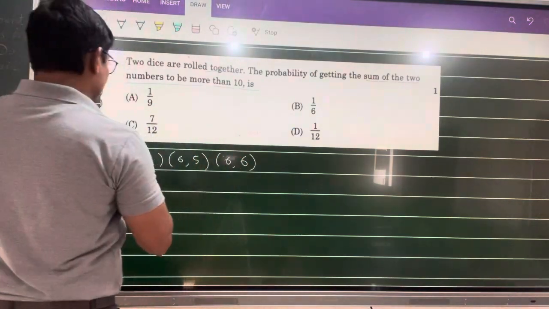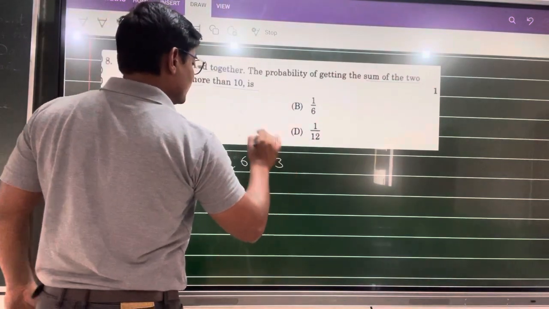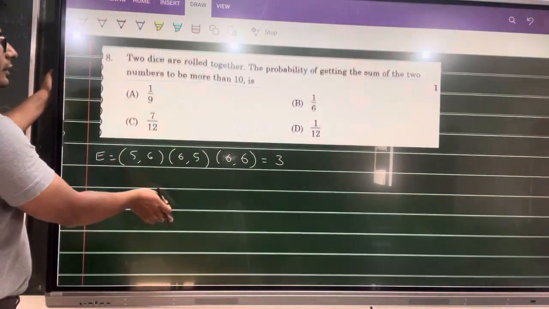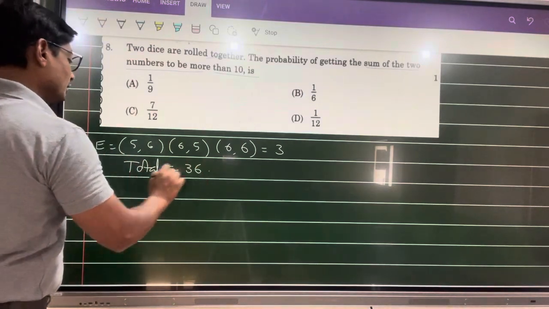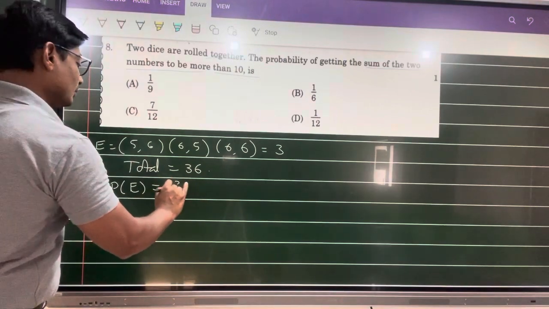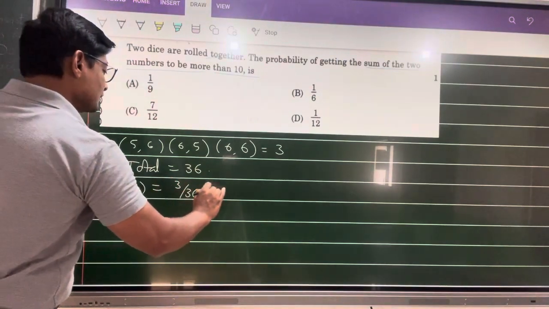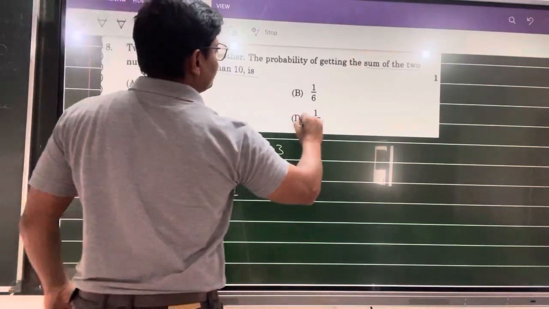So there are a total of 3 such required events, and total outcomes are 36. Therefore the probability of the favorable outcome is 3 over 36, which is 1 upon 12. So here the answer is D.